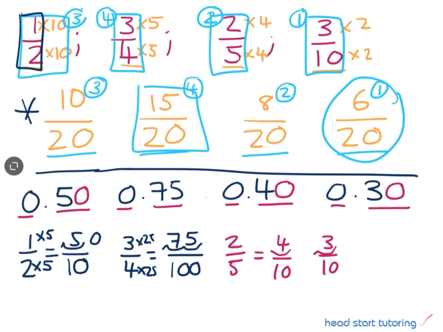So we can see that 0.30 is our smallest. Then we've got 0.4, then we've got 0.5, and then we've got our 0.75.